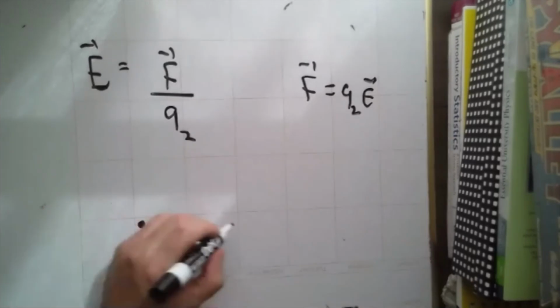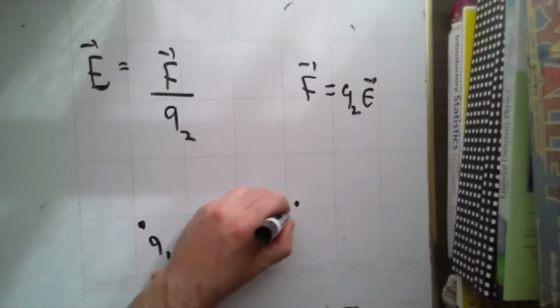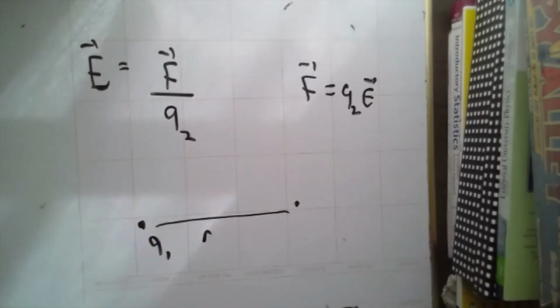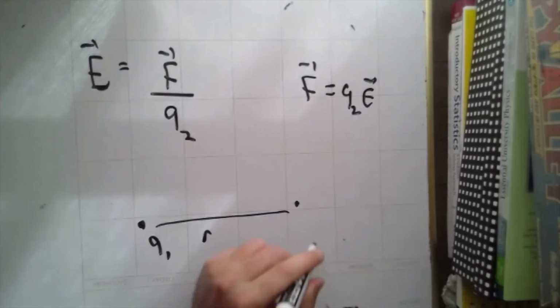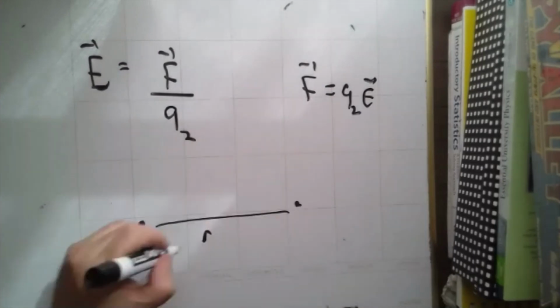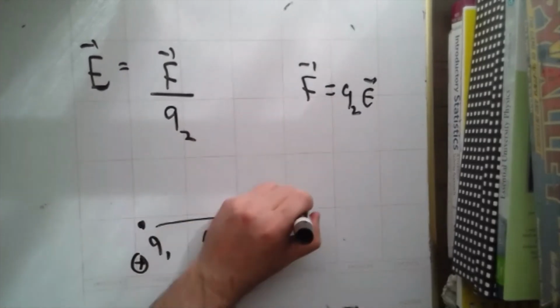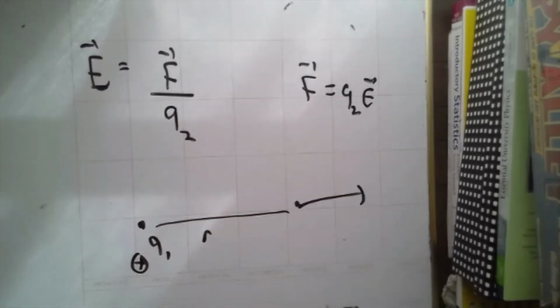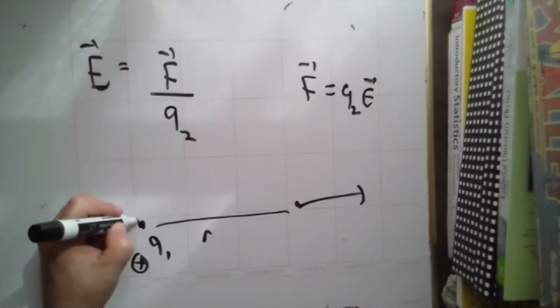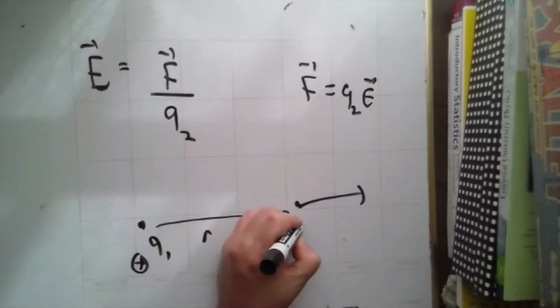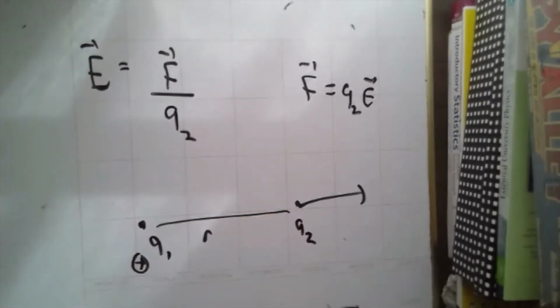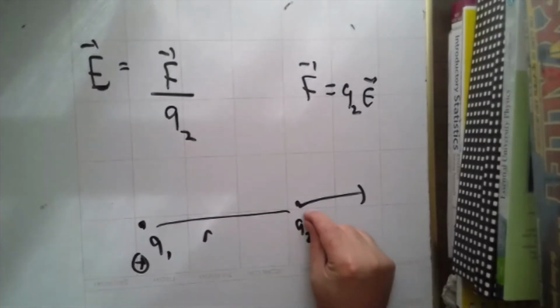This charge by itself over here, some distance r away, creates an electric field. That field exists on its own. There's an electric field right here. If that's a positive charge, that points away. Now I bring in some second charge. This guy's glued down. I don't let him move. I place the second charge at that spot. What does it feel?